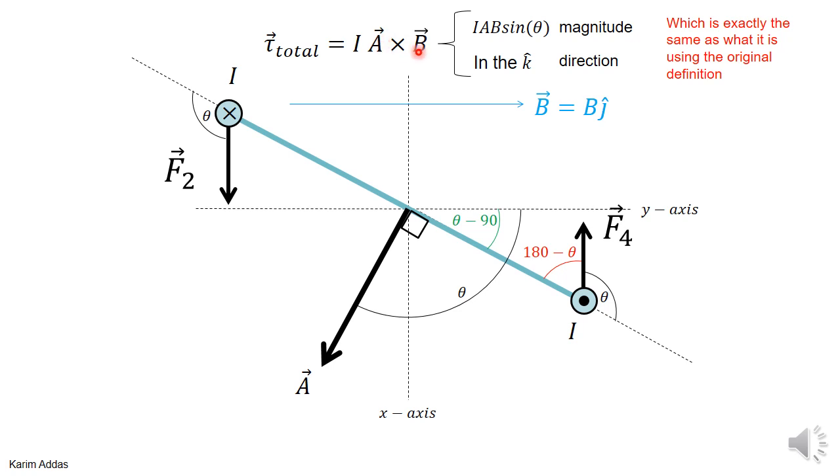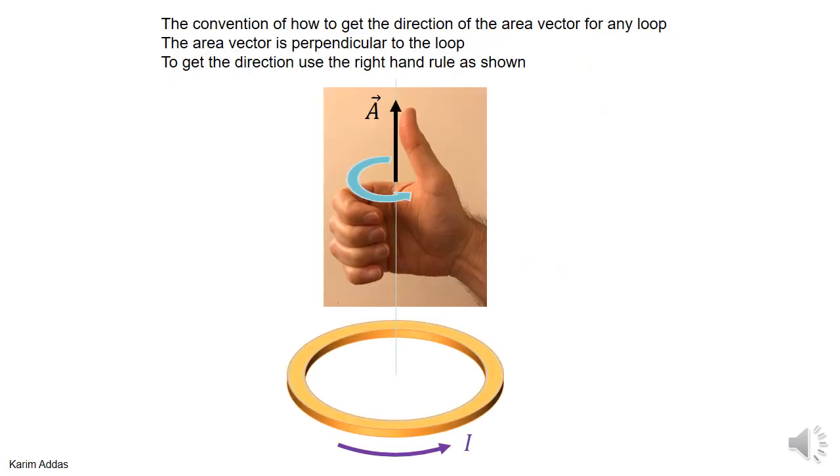If you put your finger in the direction of A and curl towards B, you'll get a vector pointing in the z direction. So the direction is correct also, it's in the k direction. If the magnitude and direction are correct, this gives you exactly the same torque vector as we got before. So instead of writing the torque the way we did before, we're going to write it as I A cross B.